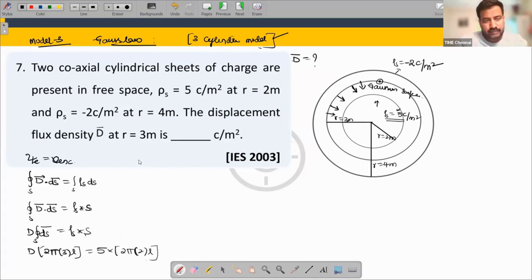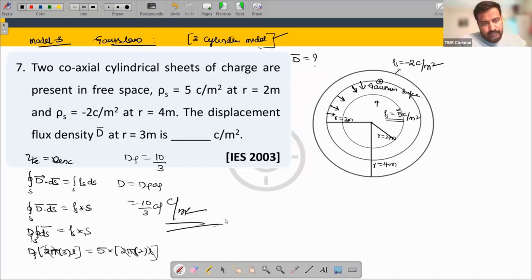Therefore D is along rho, so I write D is D rho, D rho is 10 by 3. D is 10 by 3 a rho coulomb per meter square. This is called a three cylinder model.